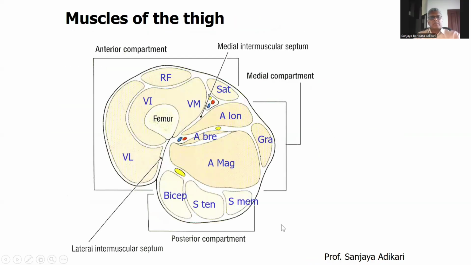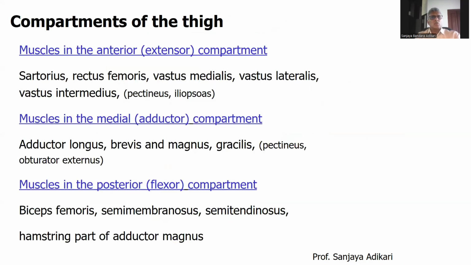Okay, so these are the muscles. I have named the muscles for you, so you can go through this. The whole list of muscles is here. Now, if you go through this list, you can see I have mentioned sartorius and the quadriceps muscles here. Then within brackets, I have put pectineus and iliopsoas, because pectineus appears in the anterior compartment as well as in the medial or adductor compartment.